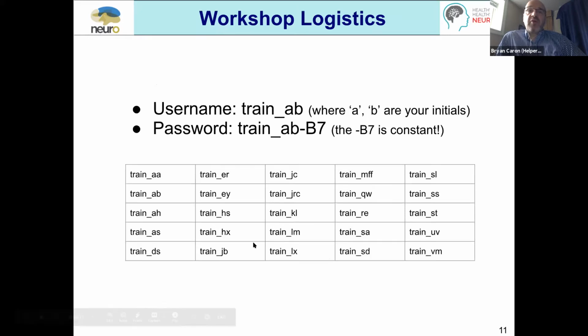Out of all the registered attendees, I think there might be a couple of attendees who are observing, so we might have to sort something out a little differently for them, but for the registered participants, everyone should be covered in this matrix that you see. You can look for your particular account based on your first name, last name initial combination. And again, the password at the end will be just -B7 together with that train_AB. So that full string is what it is there.